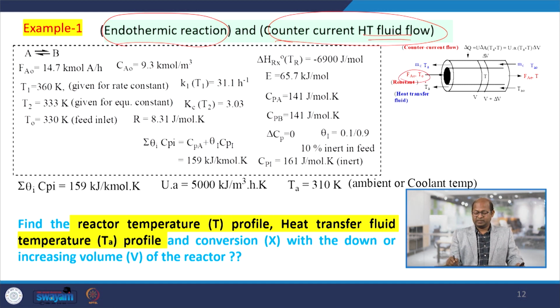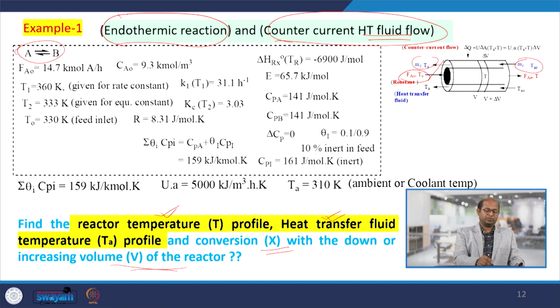So, this is the reactant left to right, and coolant flow is in the opposite direction. Here the reaction is A going to B, a reversible reaction. So, all component properties are required to get the temperature profiles, the reactor temperature, heat transfer fluid temperature, and conversions along the volume of the reactor.